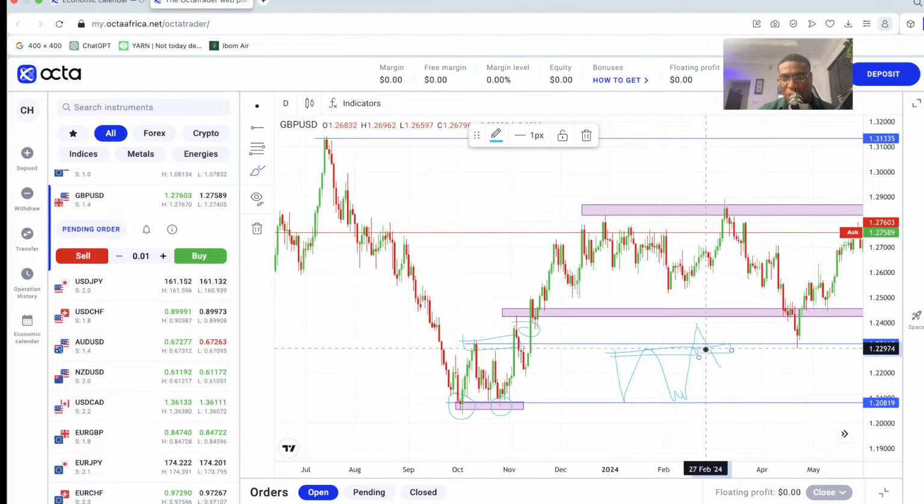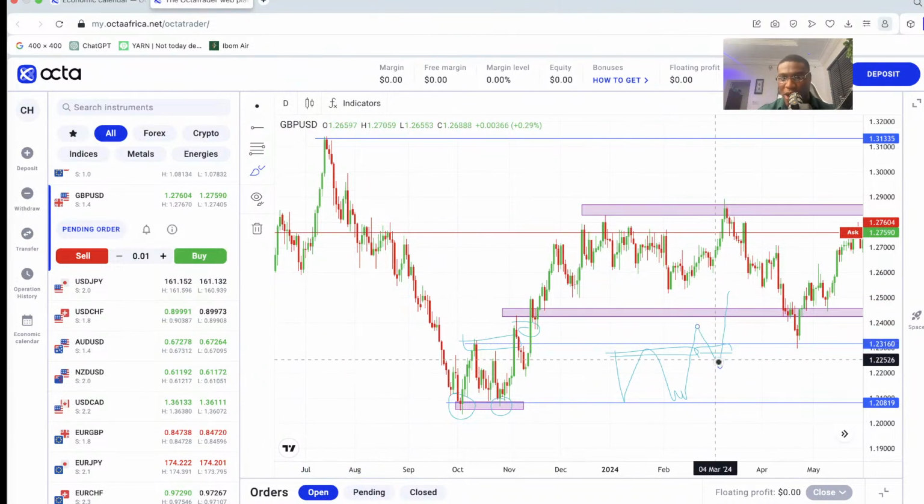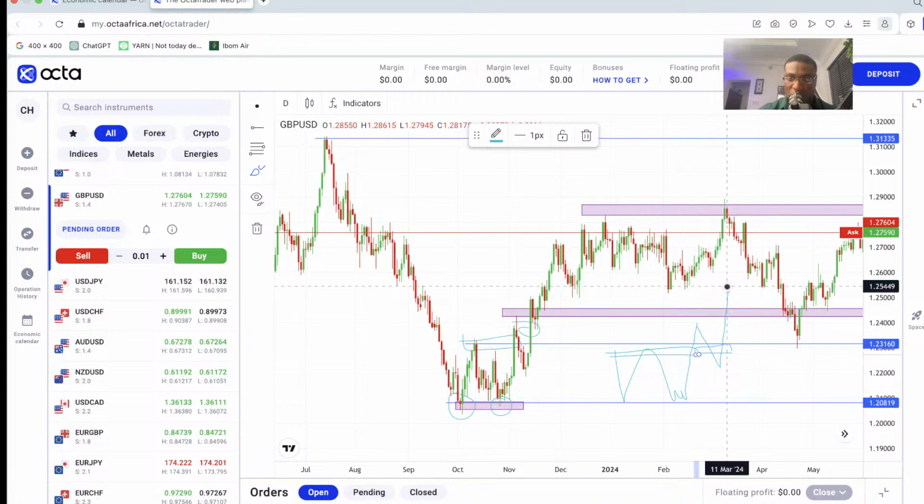The retest can go below that neckline before it continues to push to the top side. Now, I've seen this a lot of times in the market. I see this pattern more than the regular break and retest on the resistance and then continuation. It pulls back below the support, which is here, before it continues to move to the top side.